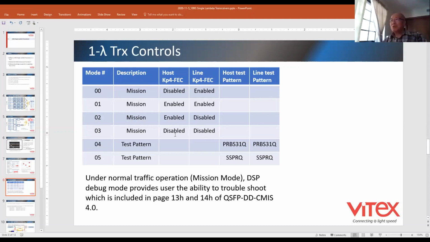But now, if you look at page 13 and page 14 of CMIS 4.0, most of the functions here are included. That's why you need CMIS 4.0 to operate. Otherwise, there are functions you cannot touch. So you can see here all the functions.